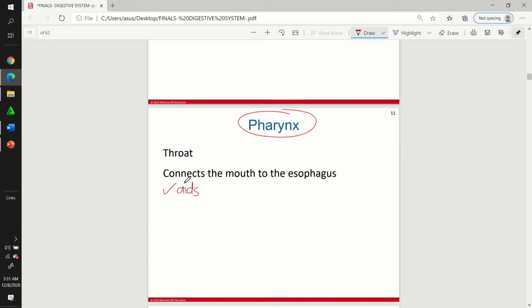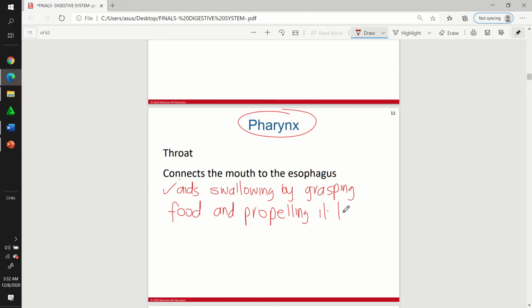It aids swallowing by grasping food and propelling it toward the esophagus.